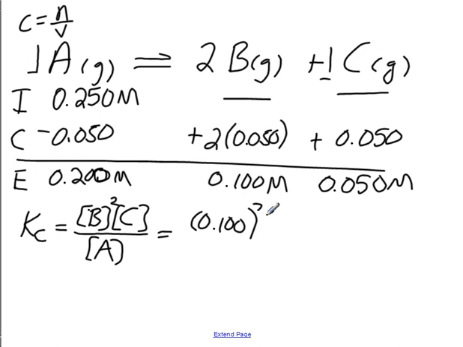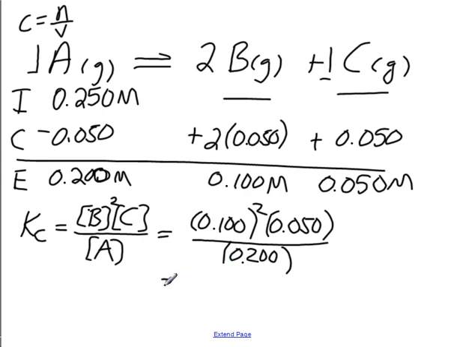You have to square that, times C, 0.050 molarity, divided by A, which was 0.2 molarity. Don't forget you need to square the concentration of B. Pick up your calculator and you evaluate this, and you find that Kc is 0.0025 molarity. I'm sorry, 0.0025.